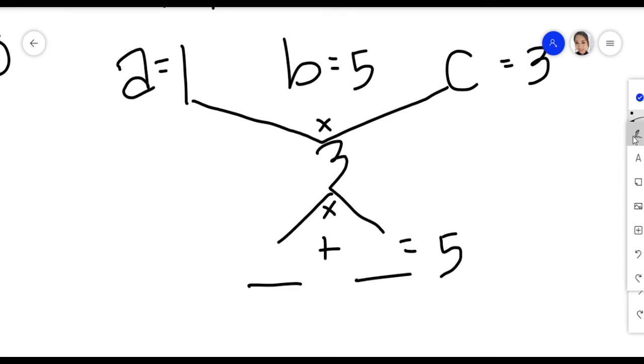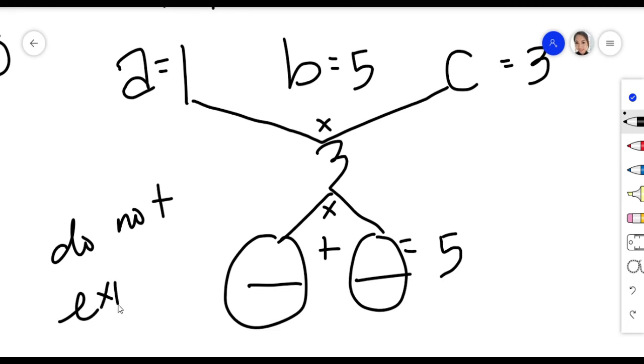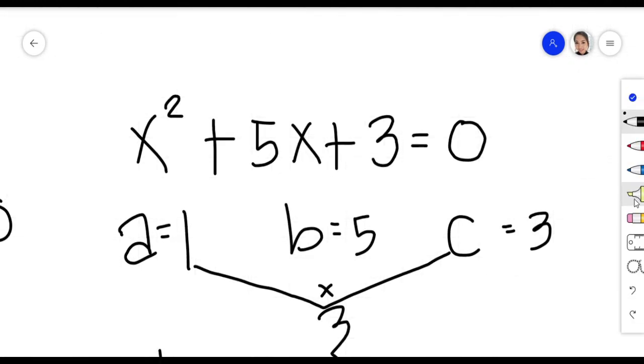So since we cannot find two numbers that add up to 5 and when multiplied is 3, since these two numbers do not exist, therefore, x squared plus 5x plus 3 is not factorable.